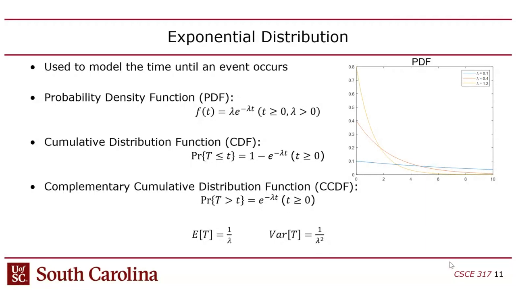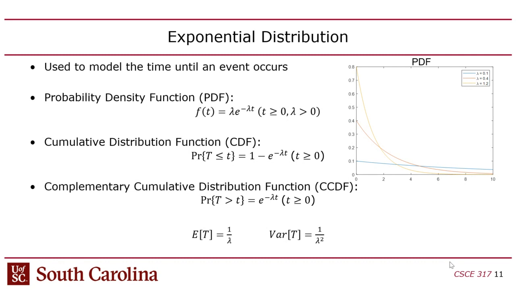The exponential distribution is modeling the inter-arrival times. So you've got a rate, which is lambda. The average time between arrivals is 1 over lambda, and the variance is 1 over lambda squared.